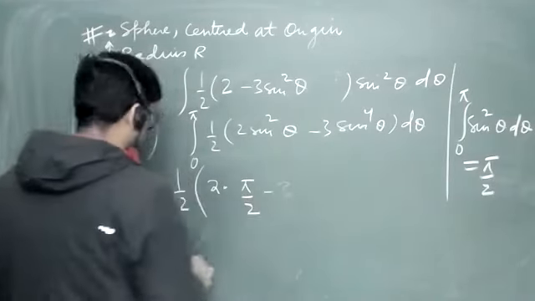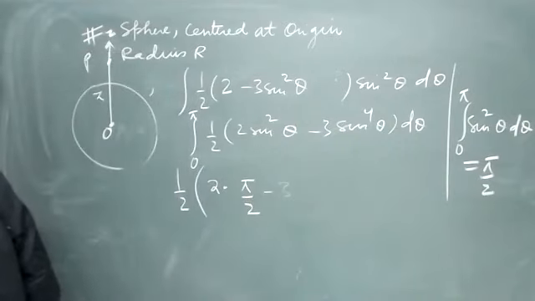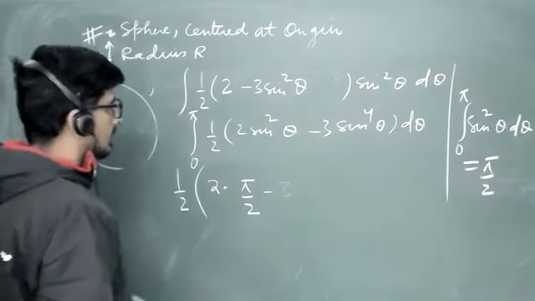Okay, and next one is -3. It will become -3 and sin to the power 4 है ना। Upper limit by 4.